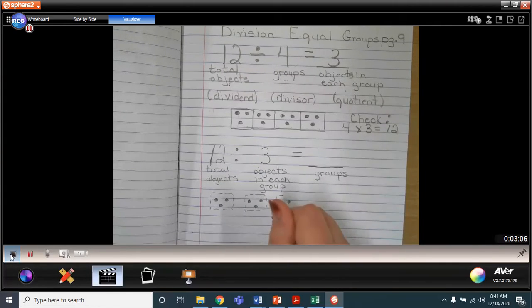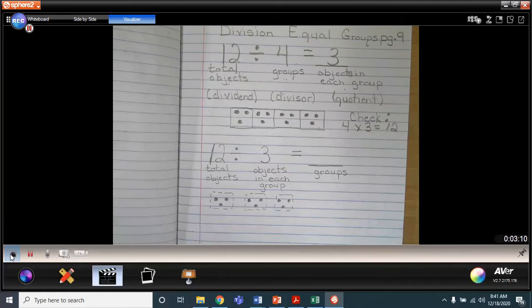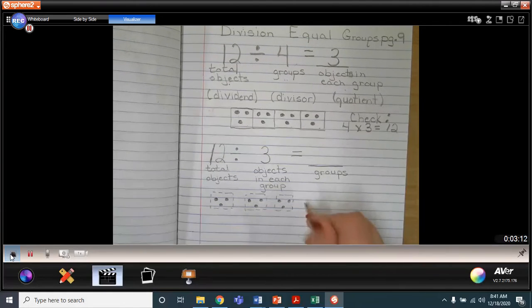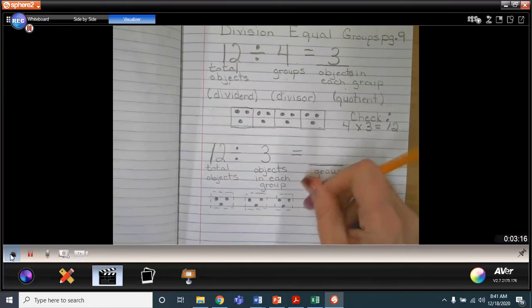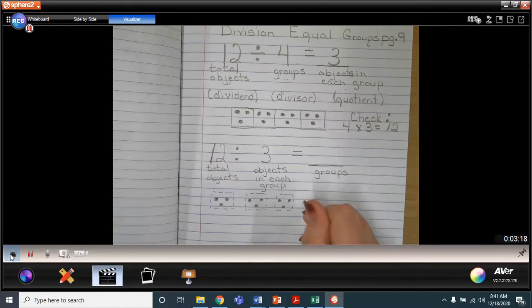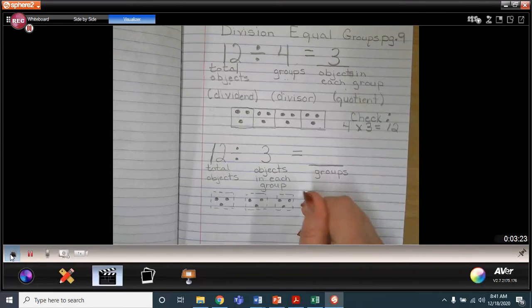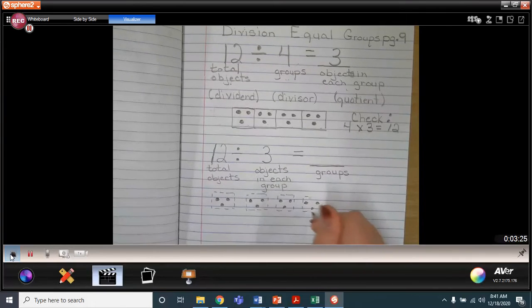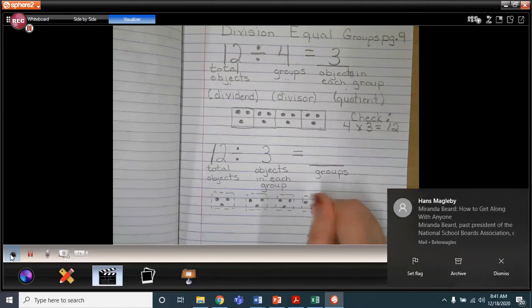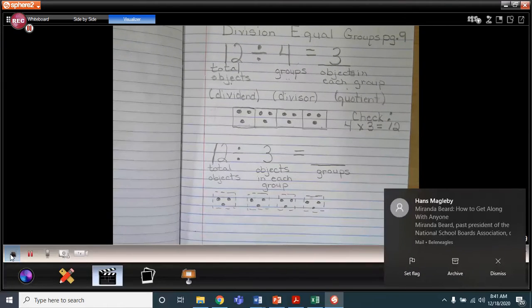Draw a group around it. Now I'm at 3 groups, and finally 10, oops, let's stay within the boundary here, 10, 11, and 12. And that's going to be another group. Kind of looks like a kitty cat, huh?